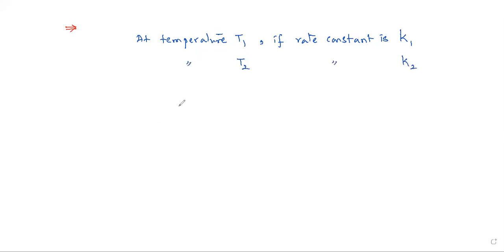Now, suppose at two different temperatures, if we consider two different rate constants, see at a temperature T1, if the rate constant is K1, similarly at a temperature T2, if the rate constant is K2, then taking the basic expression into view, that is K is equal to A into e power minus Ea by RT, ln K can be written as ln A minus Ea by RT.